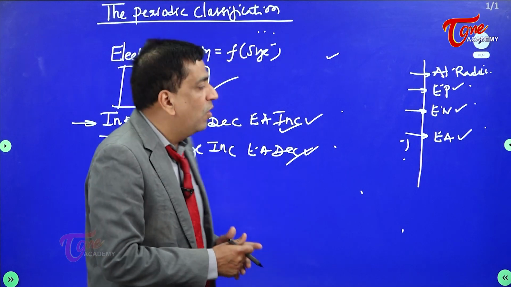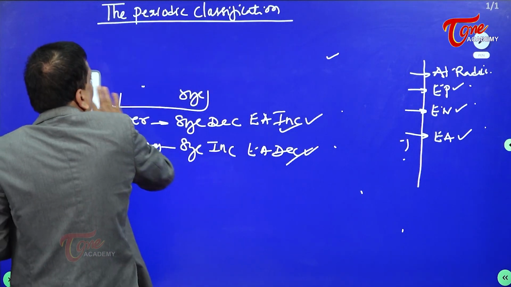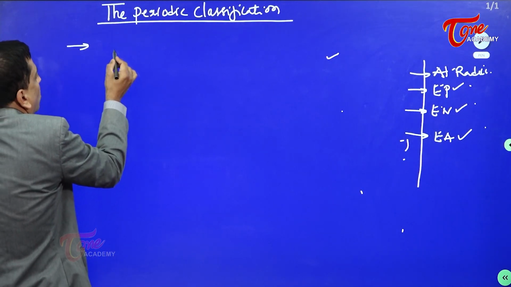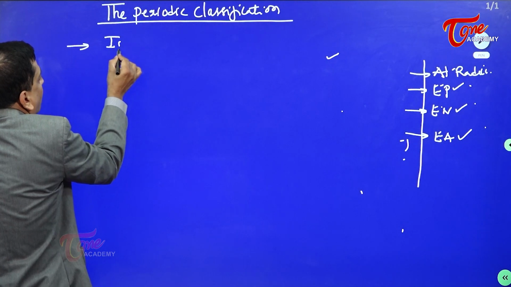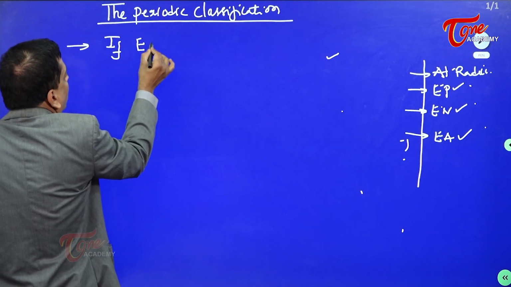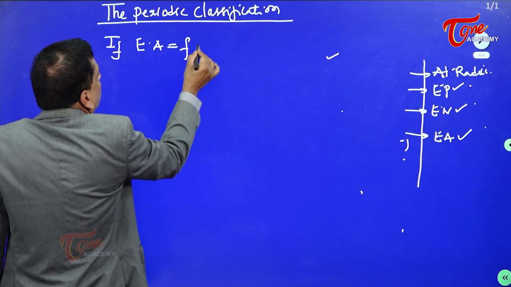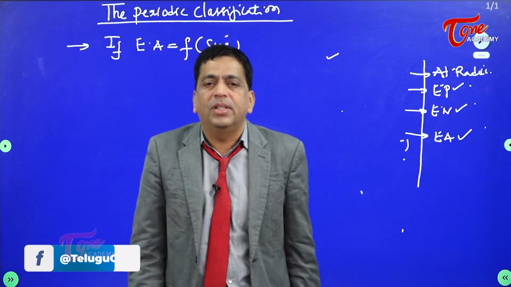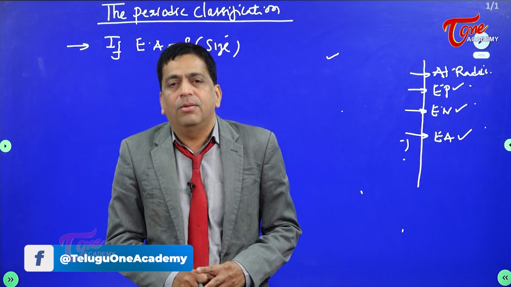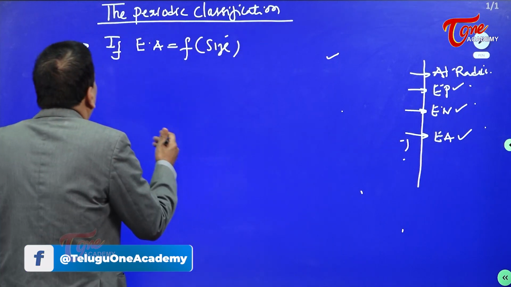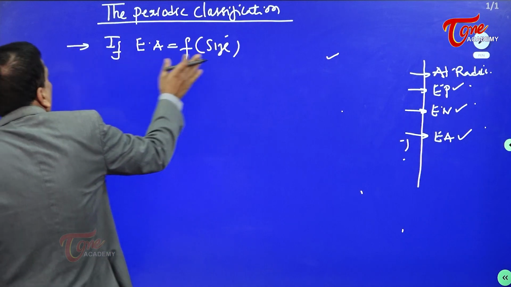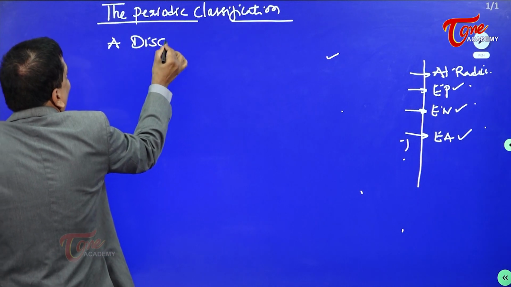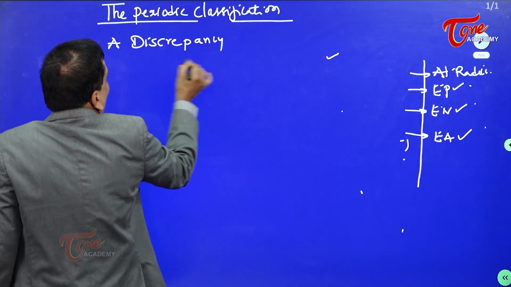Let's take up an application. Watch carefully. These are the questions which are asked in the exam. The very first question people ask me is, if electron affinity is a function of size, I draw the attention of everyone to a discrepancy in the trend.